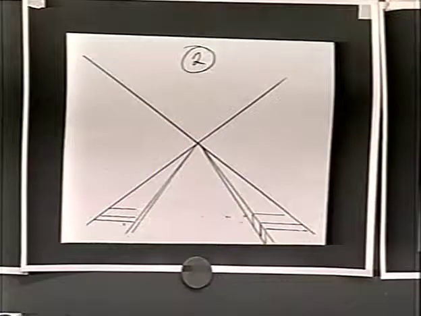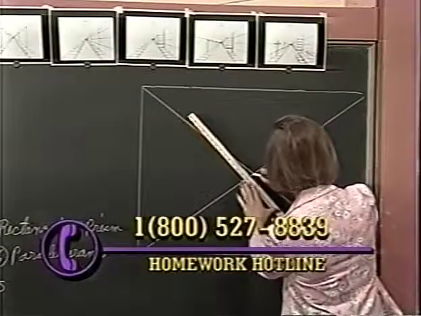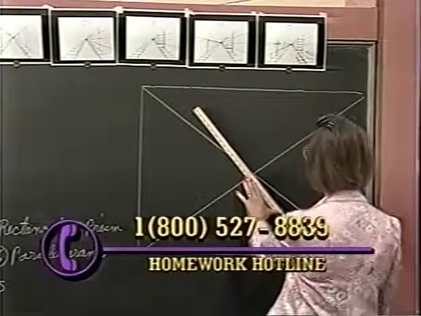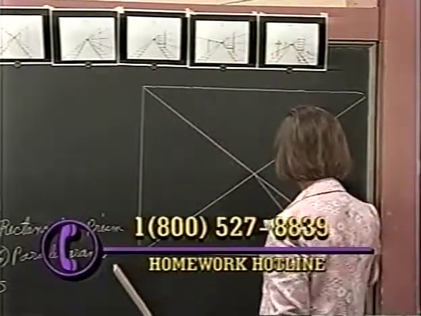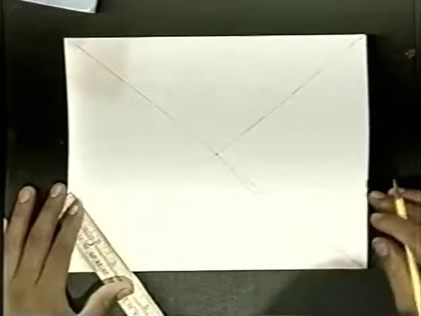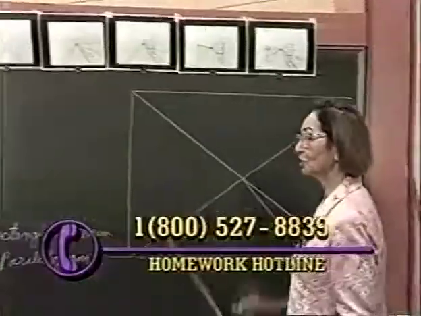So we're going to start by putting our pencil on the point, slide our ruler under the pencil, and draw an acute angle with the side that you've already drawn. Okay, an acute angle.